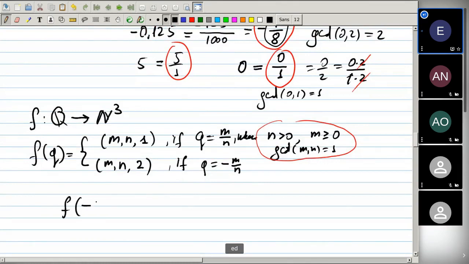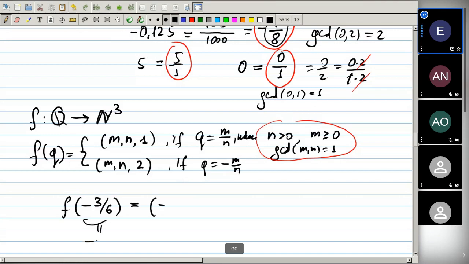Okay, let us try. Minus 3 over 6. What is it? Minus 1 over 2. Of course, but what is the value of our function?